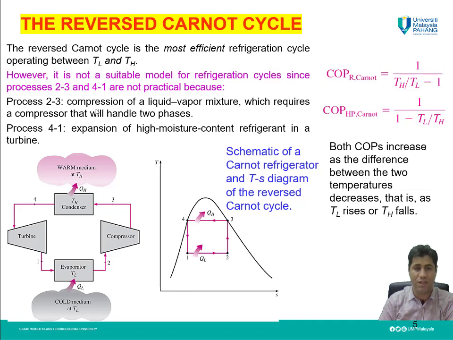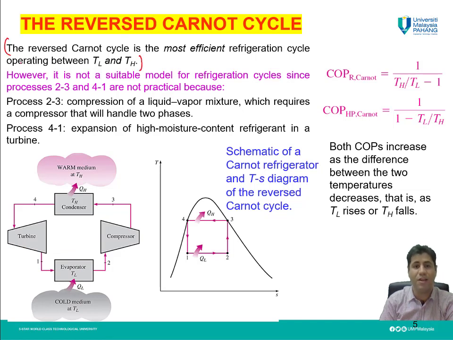Similarly, for the refrigerator, we have already introduced the reverse Carnot cycle in previous chapters, and I have discussed the reverse Carnot cycle. Similarly, here we can use this reverse Carnot cycle in the refrigerator. Let's see the detail of this cycle.